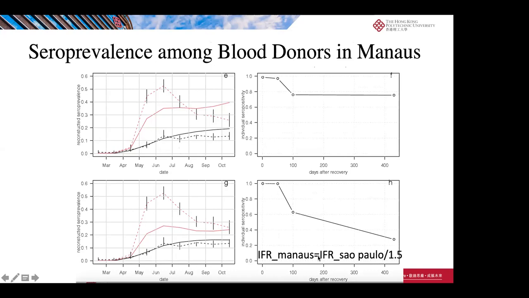And if you assume the infection fatality rate, the risk of death per infection, is not that different, given that the economic difference between the two cities is also huge, then you cannot fit the data very well. So their work depends on two unrealistic assumptions.